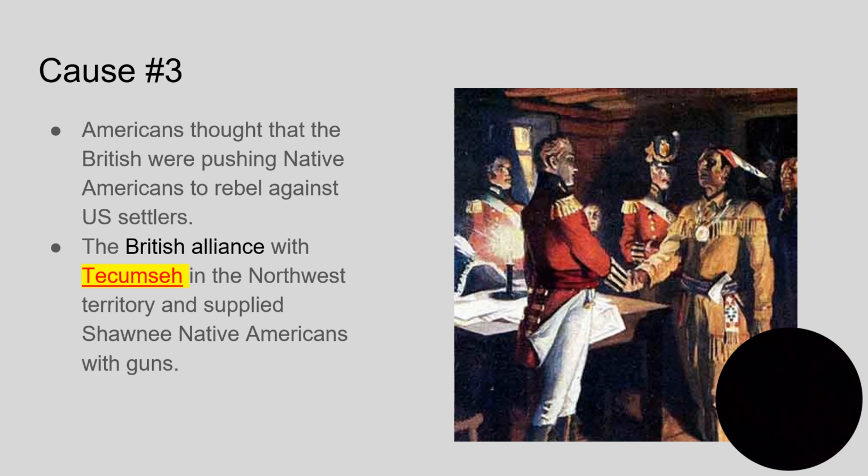And now the British alliance with Tecumseh really threatens that. Tecumseh is a huge voice of many tribes in the Native American people, and he has a big say in what they do. So this is a huge problem for the Americans.